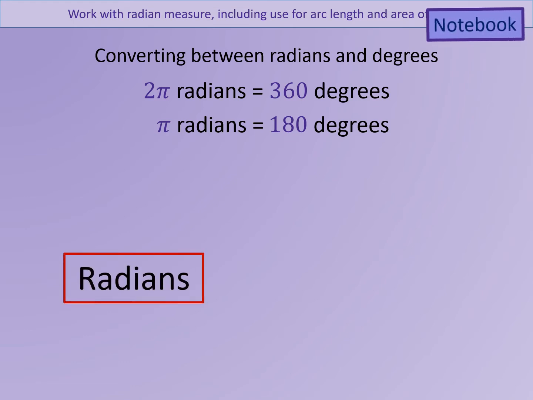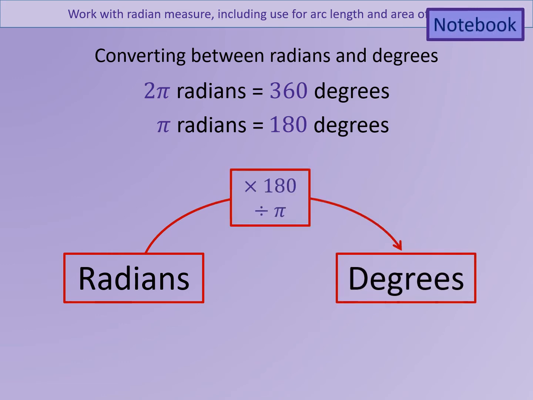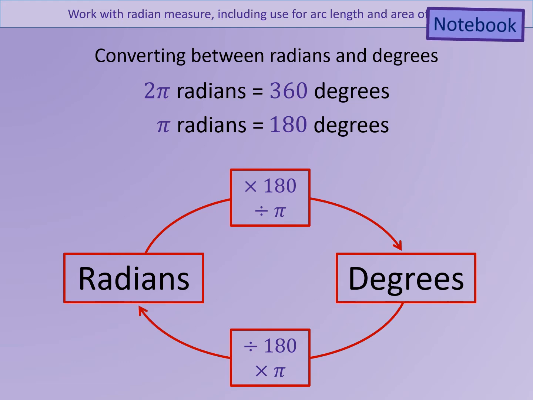We can start with the value in radians, multiply by 180 and divide by pi to give us the value in degrees. We can also do the reverse, from degrees to radians, dividing by 180 and multiplying by pi. There is also a way of doing this on the calculator, on the Casio ClassWiz, which we will look at in a minute.